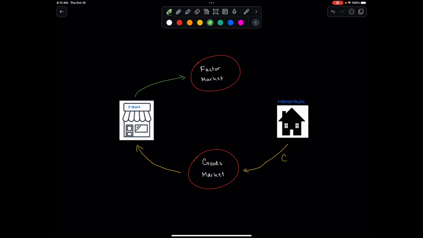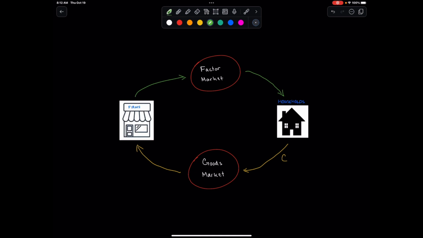So they're going to pay the households for their labor, for their land, for all the factors that they're able to provide. And as you can see, this provides a bit of a cycle. Households will buy the goods from the firms, and the firms will then use that money they receive to buy factors from the households, and that cycle continues and continues.